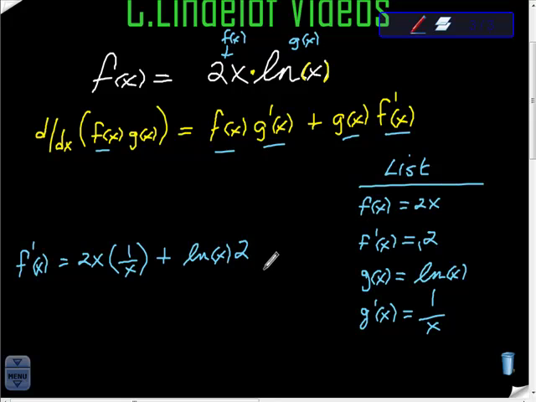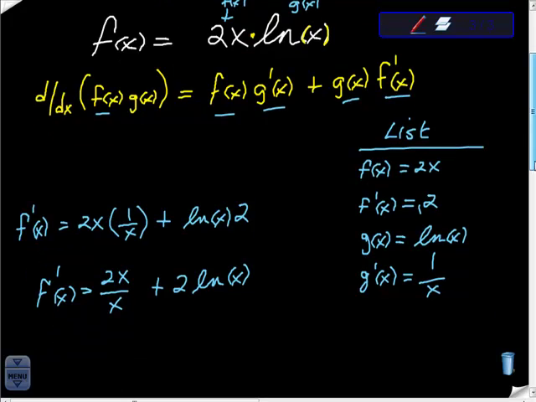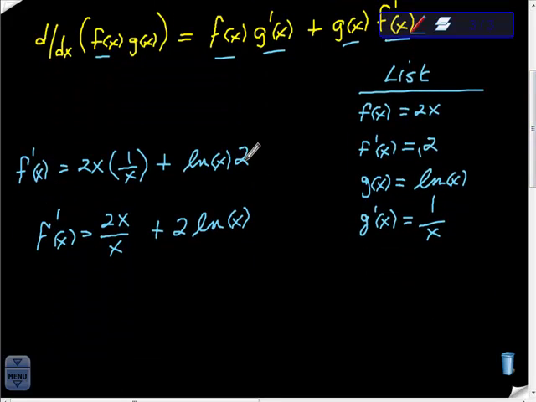I'll continue my algebra. We end up with 2x over x plus 2 ln x. I would not leave this 2 out by the argument, for fear that some lazy grader might think you are adding it into the argument, which I know you are not. x over x is 1, so f prime of x is 2 plus 2 ln x.